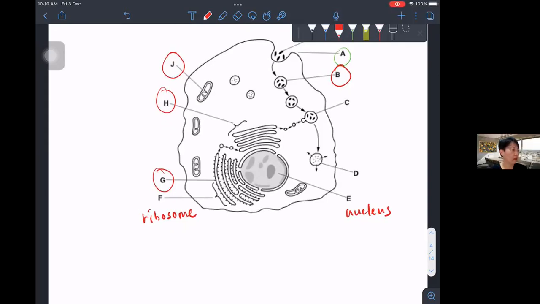Rough endoplasmic reticulum. Yes, Andrea, you are right. Oh, sorry, G is actually ribosomes, because it points to the dots there, so it's ribosomes. H is Golgi apparatus, yes. J is mitochondrion, yes.